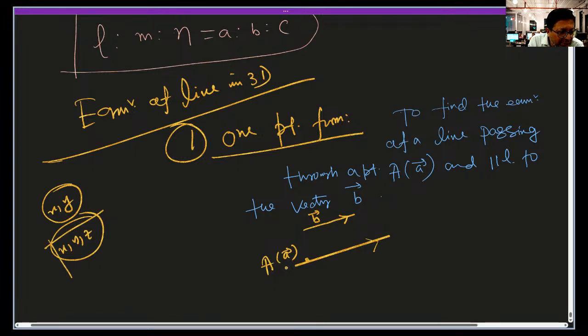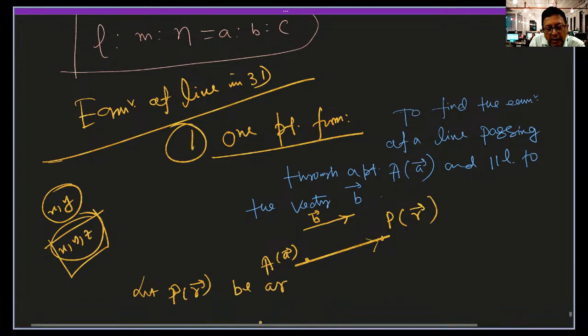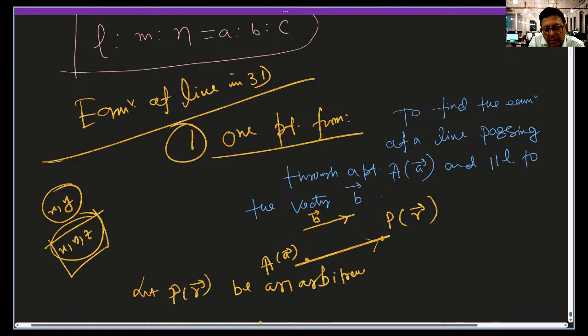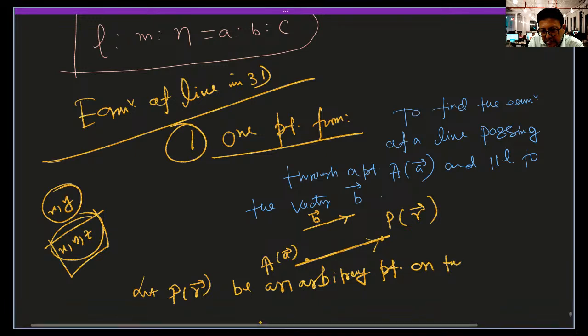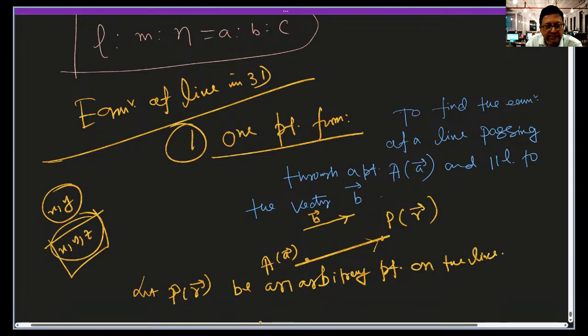So x, y, z will be an arbitrary point here that we are taking as P. Let r be an arbitrary point on the line.